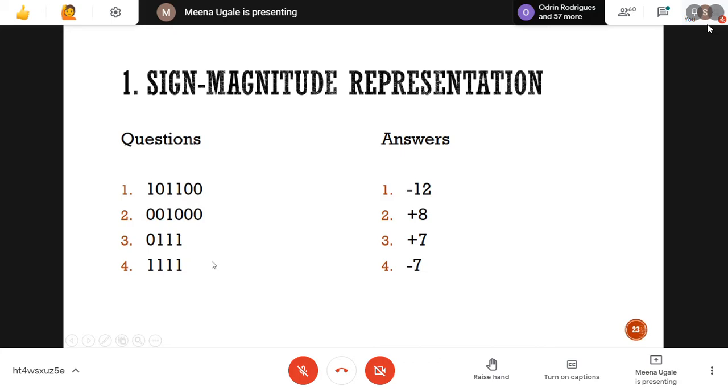And minus 7 because this 1 indicates it is a negative number. Many students have answered very correctly. For the last two numbers, plus 7 I have written as 0 triple 1 and minus 7 as 1 triple 1. This is the difference, but I need to always consider sign and magnitude separately. This is the sign magnitude representation of binary numbers.